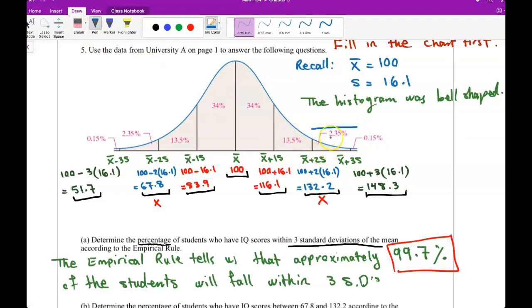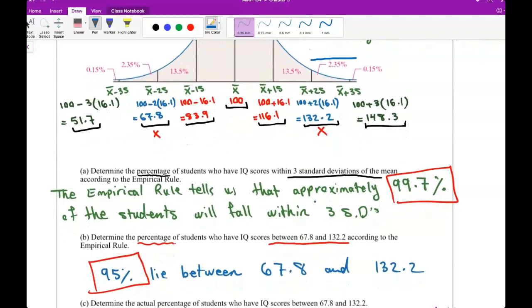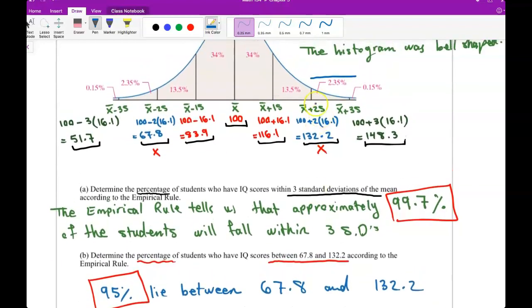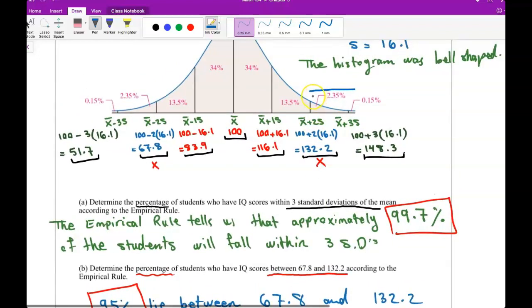Here we have 2.35% plus 0.15%. That is the answer for this part. So scores higher than 132.2 are in this area.